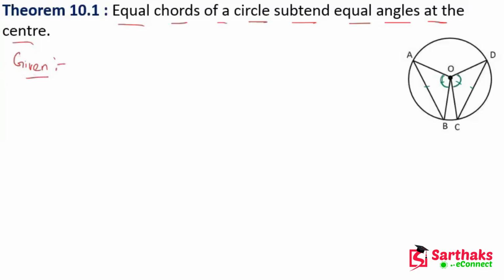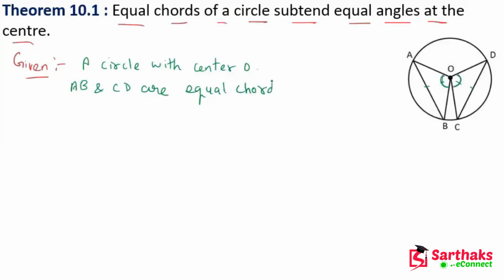We have a circle with center O, and AB and CD are equal chords of the circle, that is, AB is equal to CD.